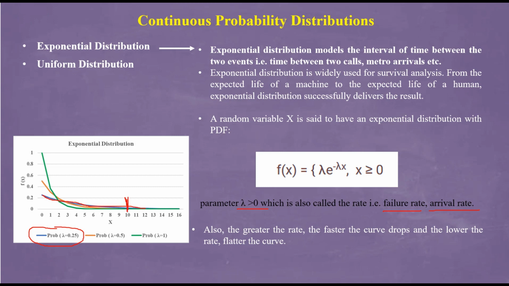If we increase the value of lambda to 0.5, the orange line gets to 0 around 7. And if you further increase lambda, it suddenly gets to 0 at approximately 5, right? So the greater the rate, the faster the curve drops.